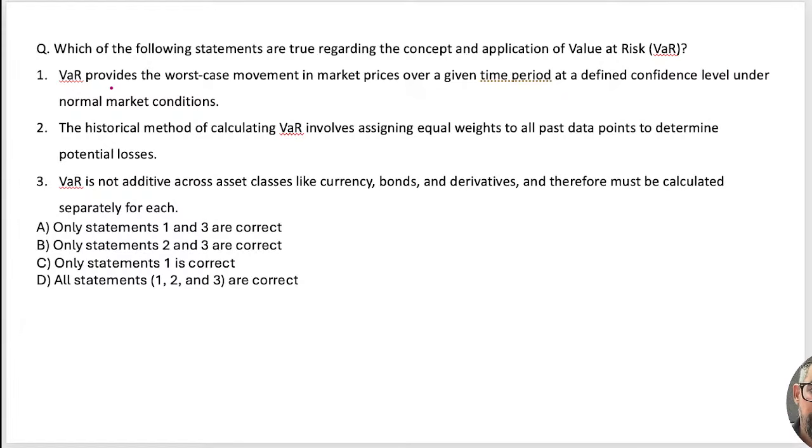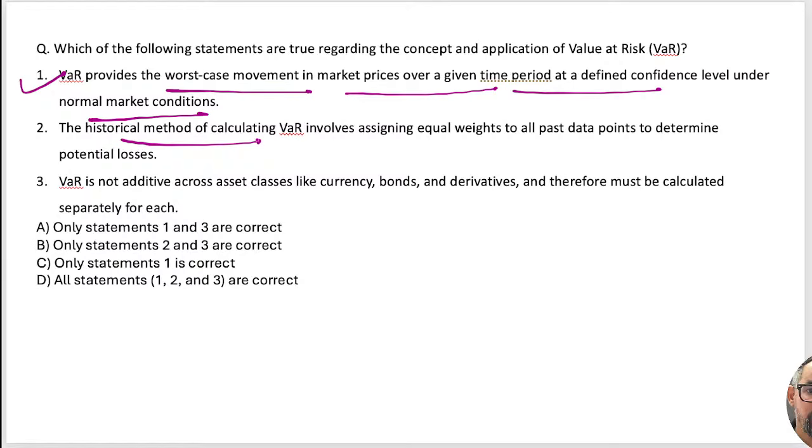Okay, next one. VAR provides a worst case movement in market price over a given time period at a defined confidence level under normal market conditions. This is true. The second one: the historical method of calculating VAR involves assigning equal weightage to all past data. Generally, if it is 1 year, the most recent data will get a higher weightage.